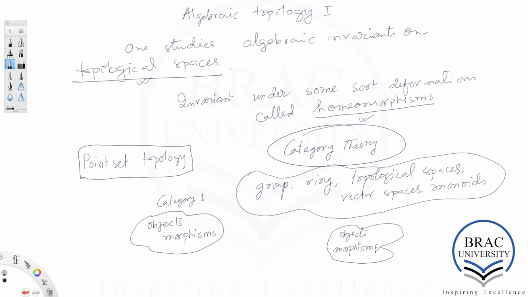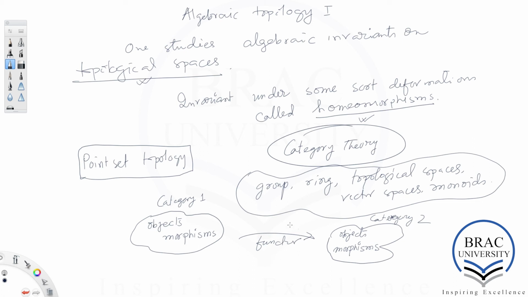Now this category 1 can be related to this other category by means of a functor. It's like a function from one category to another category. So I can just say that it's a functor.